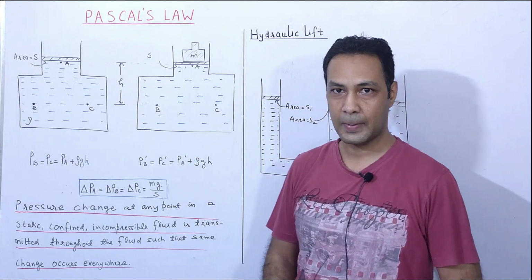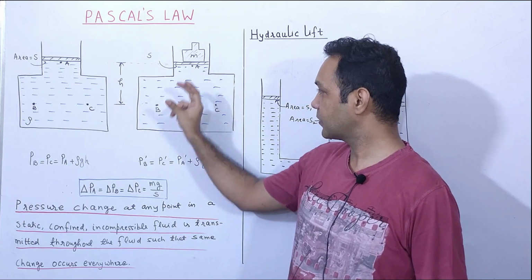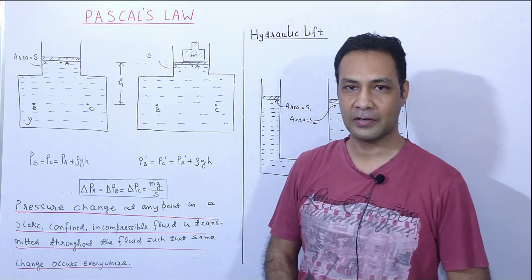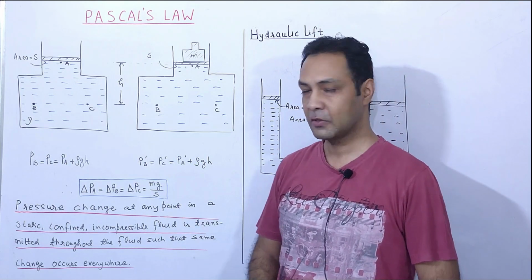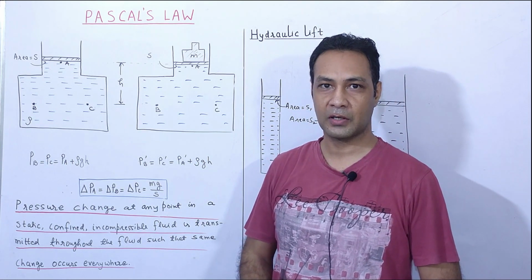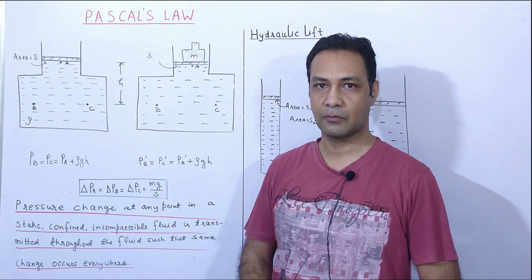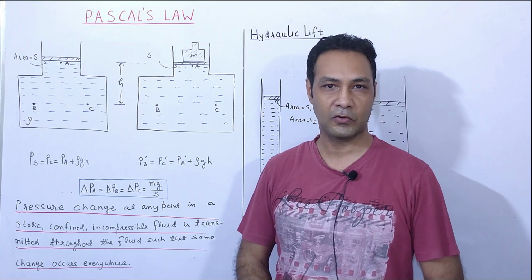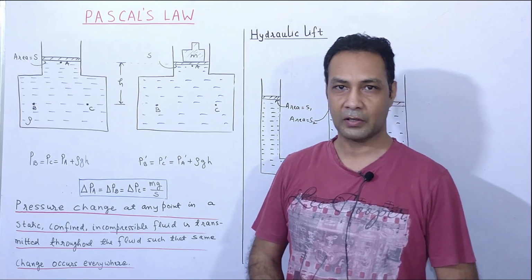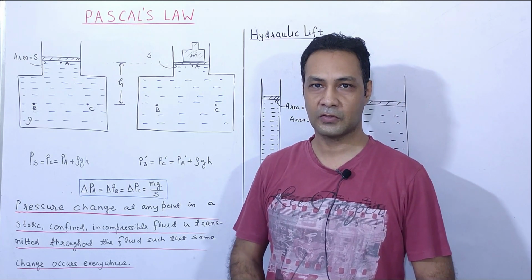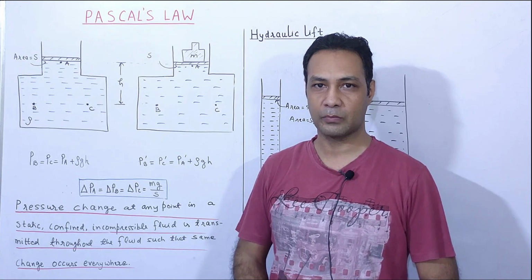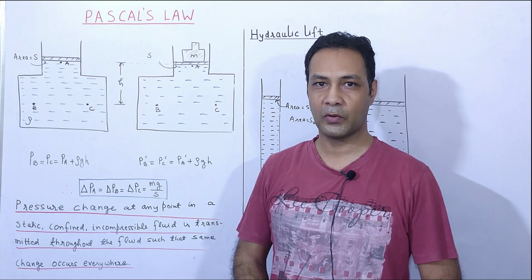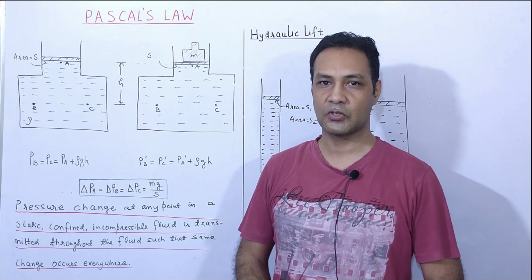Because the pressure difference between B and A remains the same and the pressure at A has increased by mg by S, the pressure at B has also increased by mg by S. C is at the same level, so its pressure will always be that of B. So the pressure at C has also increased by mg by S. In a way, the pressure at all points is increased by mg by S.